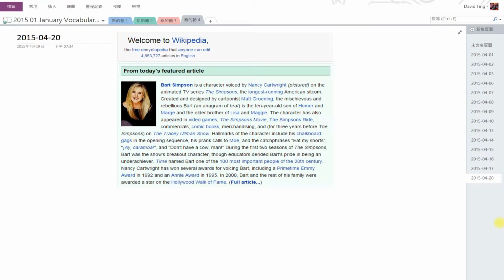And second vocabulary of the day, cartoonist. Okay, if you know how to spell those two words, please write them down.